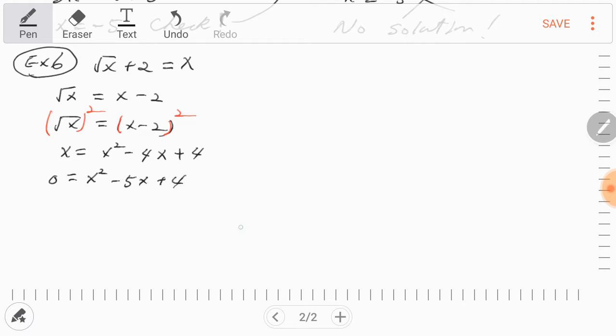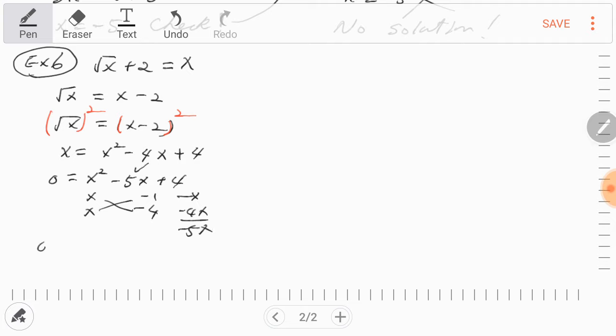So this trinomial is equal to 0. Look at this: when we square each side, this became a quadratic. Since this is a quadratic trinomial, we can try to make a product so that we can find x. So x times x, and 4 is 1 times 4, both negative. Then this is negative x. This product is negative 4x. The sum is negative 5x, same as the second term.